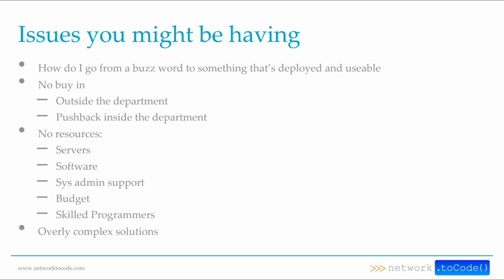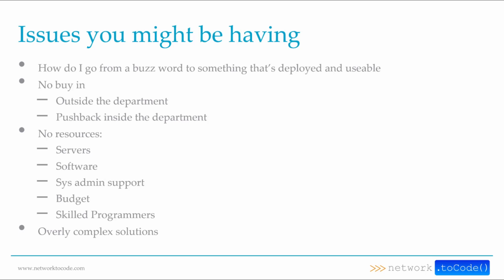Finding blogs and such with lots of buzzwords is really easy. Finding something that you can actually deploy as a new person to network automation can be very difficult. When I started inside the department, I didn't have any buy-in. A lot of the people felt threatened, and no one outside of the department was interested in taking up more work to try and get this whole network automation thing off the ground.